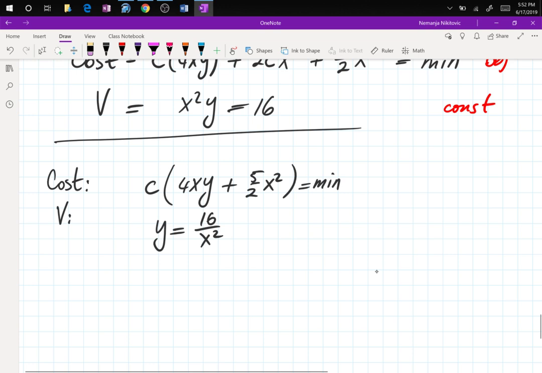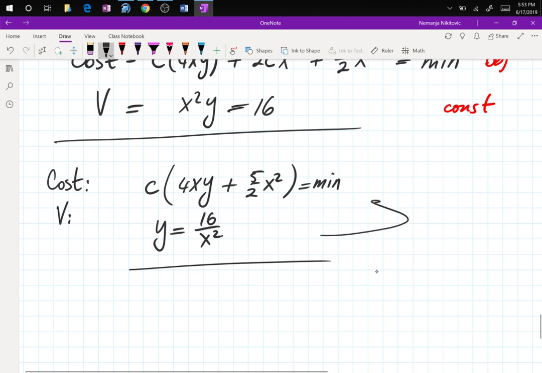So at this point you can pick to drag the C with you or to leave the C behind. It doesn't matter. Now I'm going to choose to drag it with me, but we can also do the problem with completely ignoring the cost C. This is not the total cost of the whole box. This is the cost of material for 1 square foot.